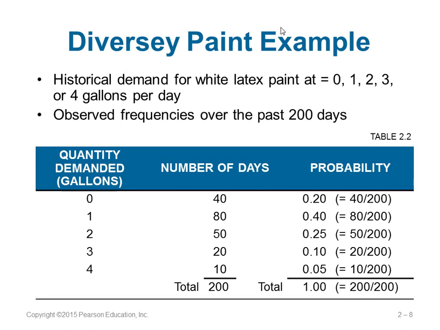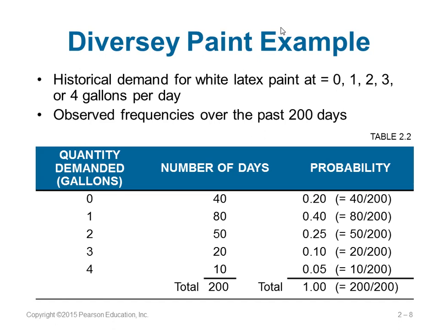Here is an example from a company that is selling some paints. They have white latex paints which are sold at 0, 1, 2, 3, 4 gallons per day. And they have observed how many gallons have been sold in the past 200 days. In the past 200 days, on 40 days there was no gallon sold.